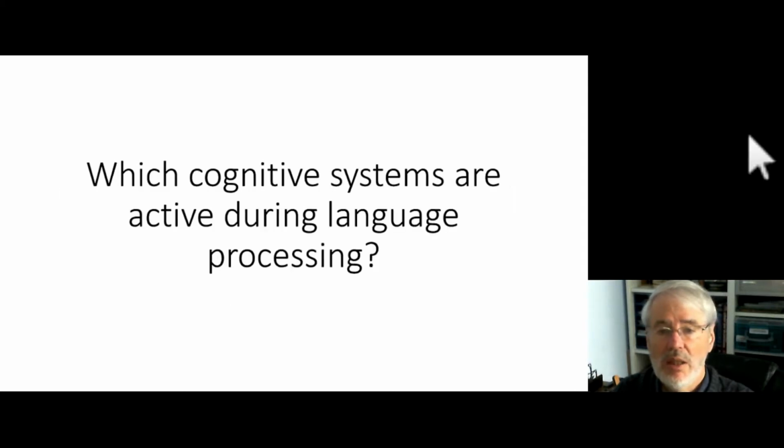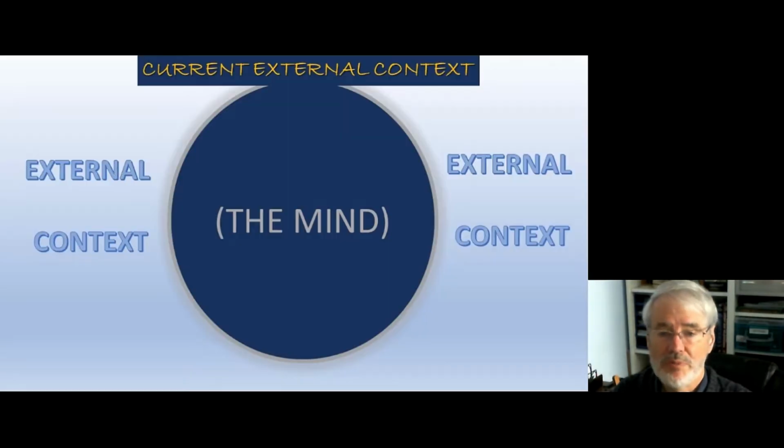Okay, so which cognitive systems are active during language processing? This will help me to make an important point about language processing. Okay, here's our external context, the outside world, all that raw input which is impinging on our sensory systems. And here's the mind, which is the knowledge system, which is supported by our brain.